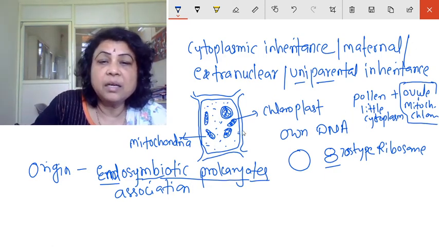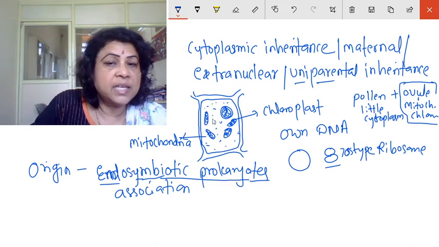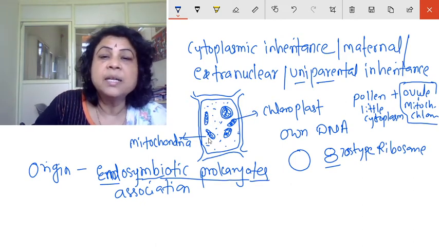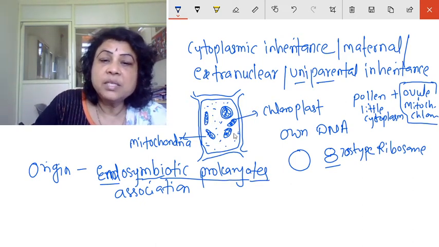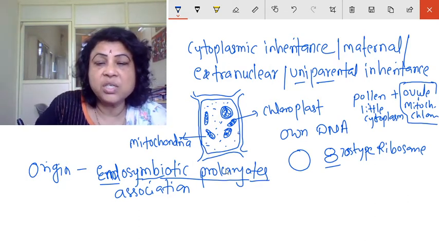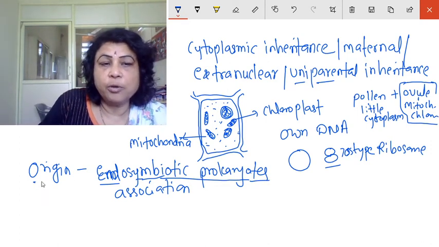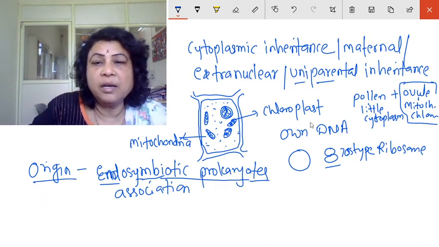That means mitochondria and chloroplast are not an evolved part of the plants, but an endosymbiotic association of prokaryotes with the plant cell. That is the history of the origin of mitochondria and chloroplast.